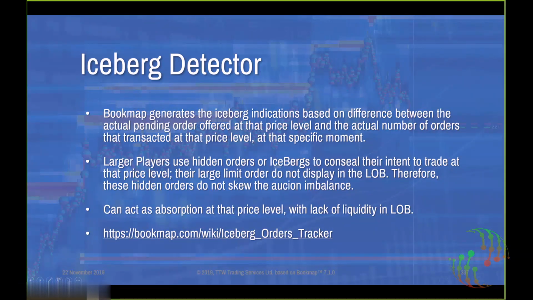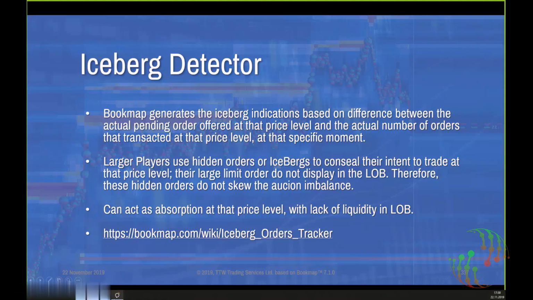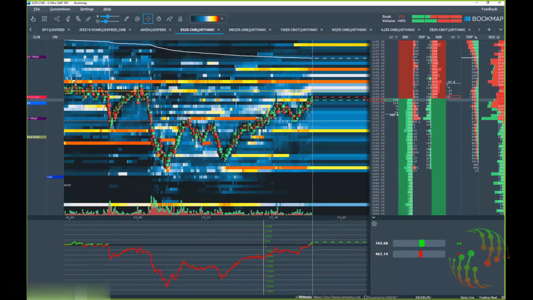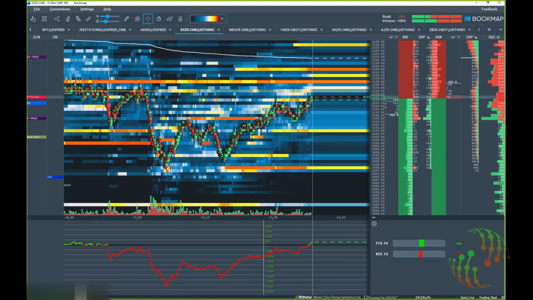The iceberg detector is one of the sure interesting parts of every trading, because I mentioned this week that what we see here in the book is only a part of all contracts traded. It's only a part of all contracts traded.